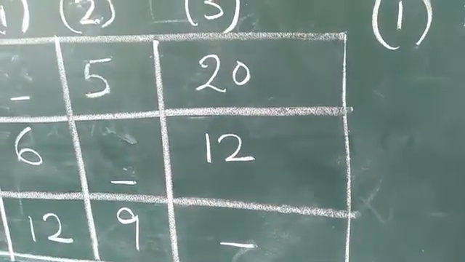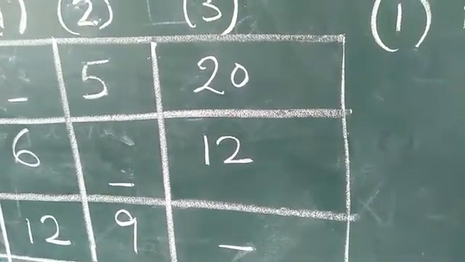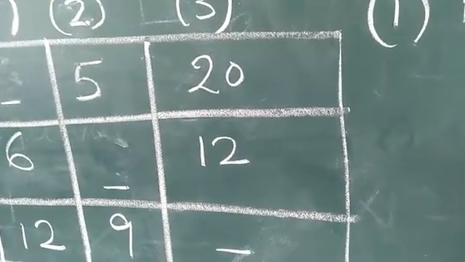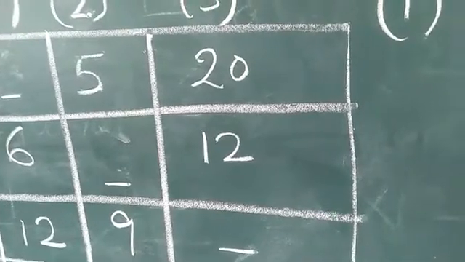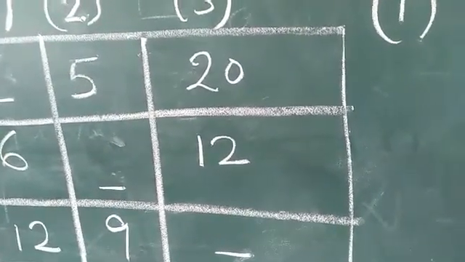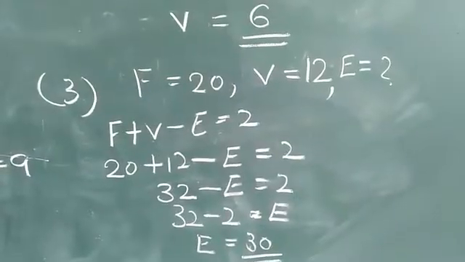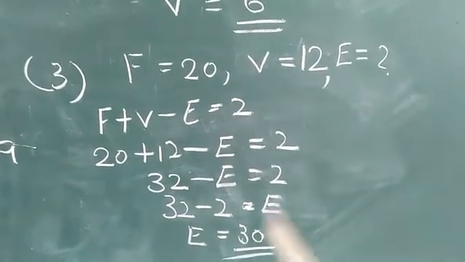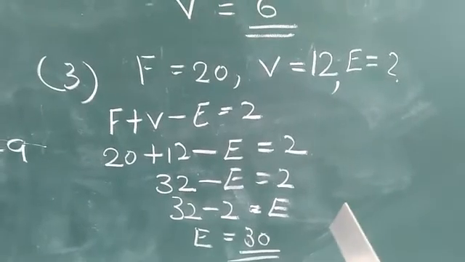Third column we can find number of faces 20, vertices 12, edges we have to calculate. Apply Euler's formula, F plus V minus E is equal to 2.